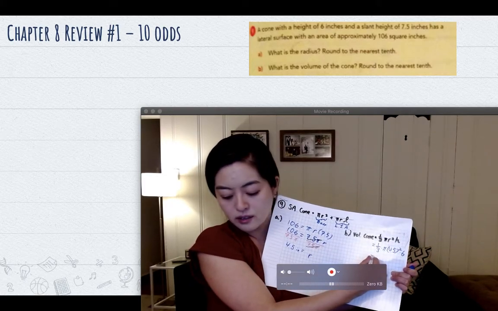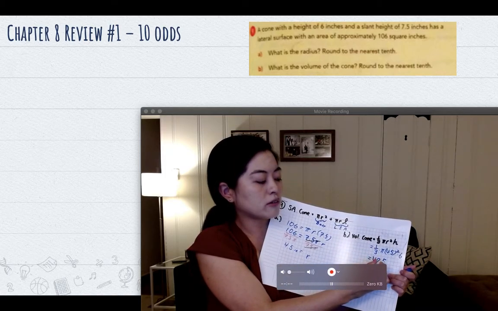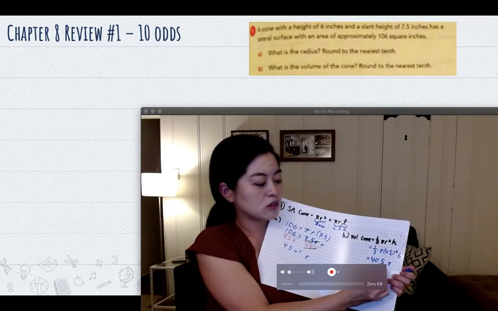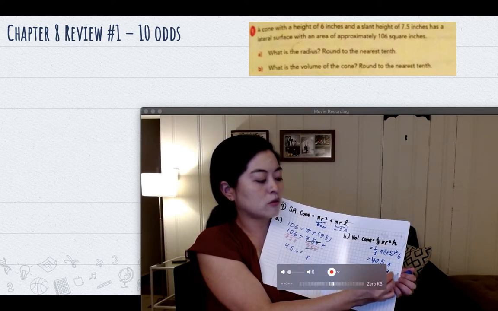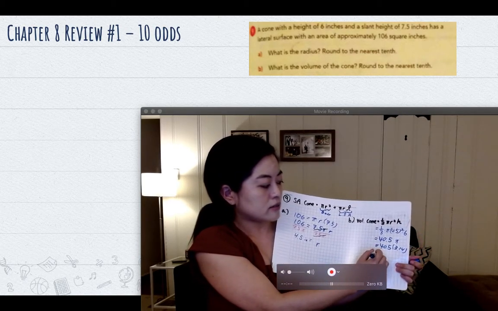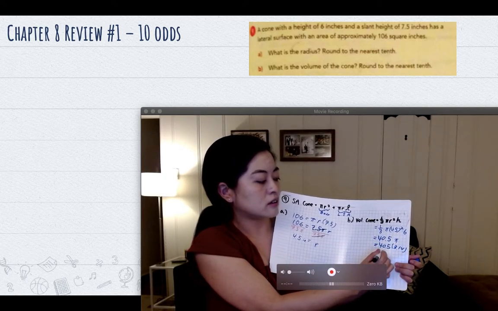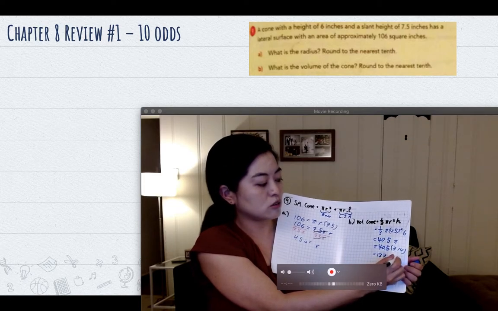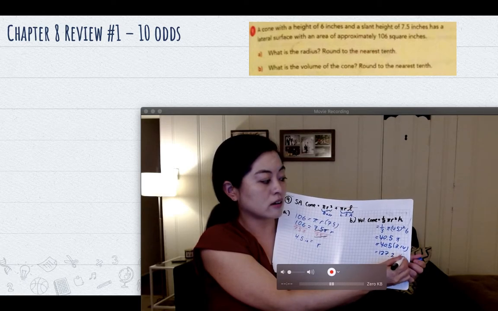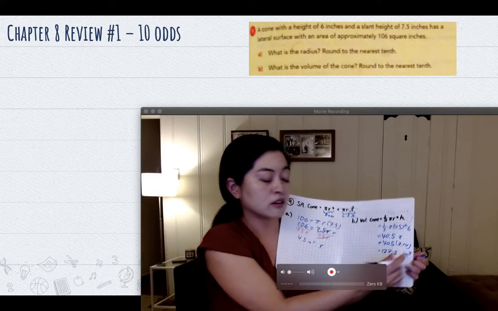When I simplify it, it becomes 40.5 pi, and I'm going to use 3.14 as an approximation for pi. Rounding this to the nearest tenth becomes 127.2, and it's volume, so my units are not inches, not square inches, but cubic inches.